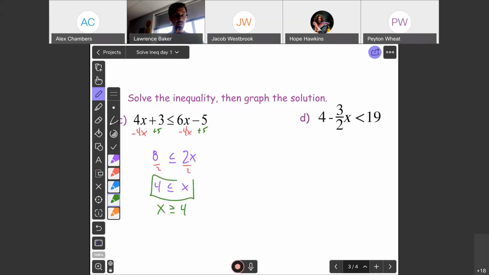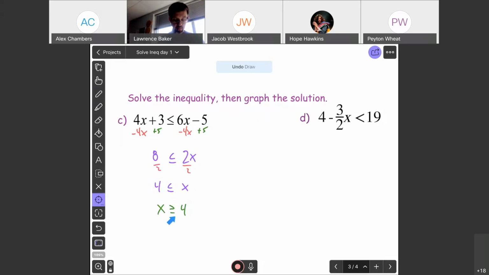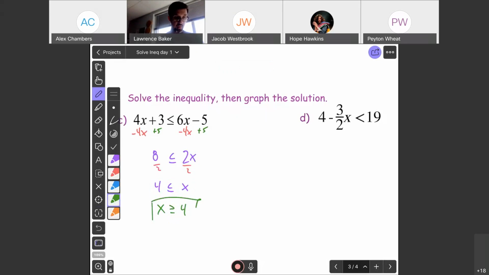Mathematically, that's the right answer. But again, it may not make as much sense to you, so maybe it's not a good idea to do that. So as you go to flip it, if you're going to flip it, you have to make sure that the symbol also flips around, okay? So that it stays opening towards the X like it was. So just something to think about in how you write your answers.